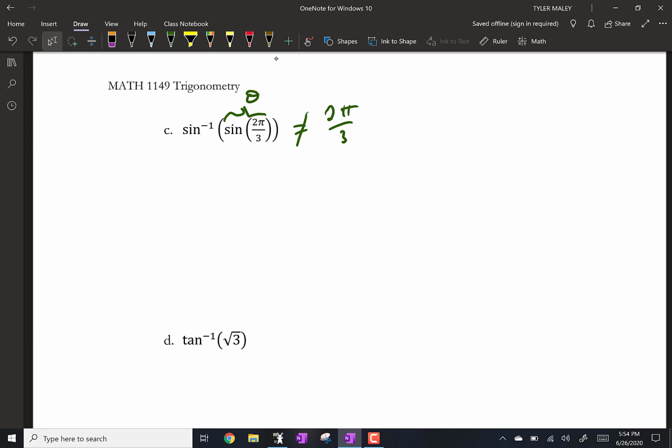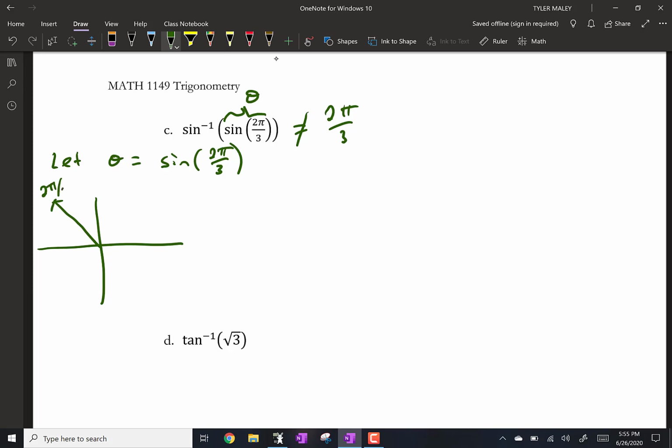So we say let theta equal sine of 2π/3. If you want to draw this, the reference angle is π/3. So this is π/3, so this would be 1, radical 3, and 2.